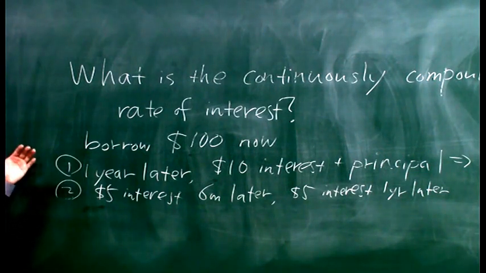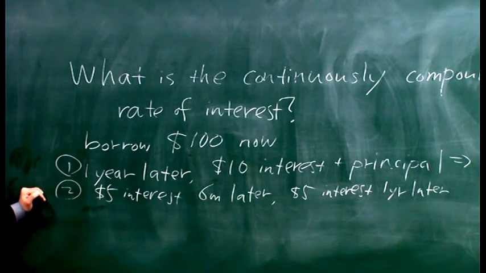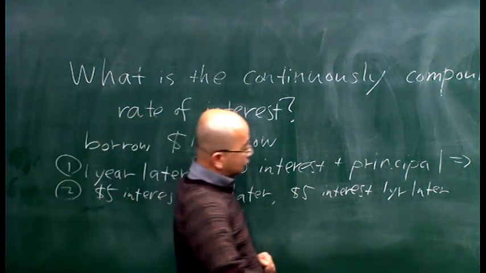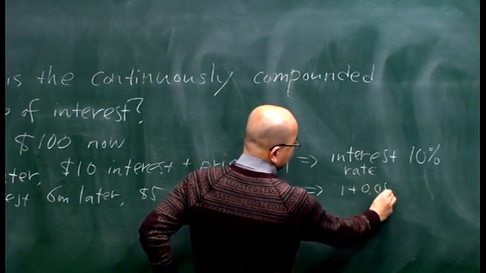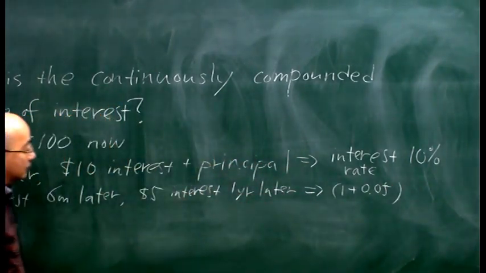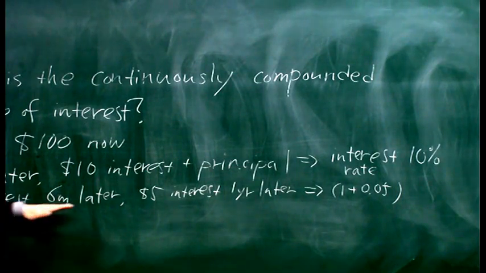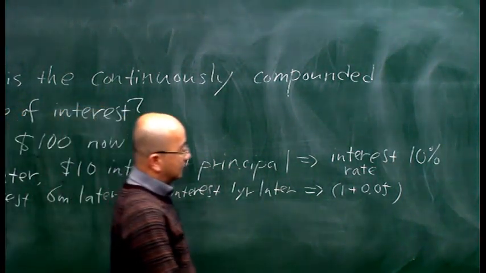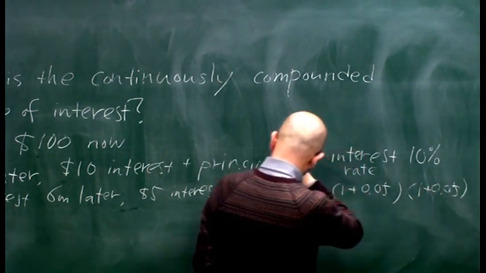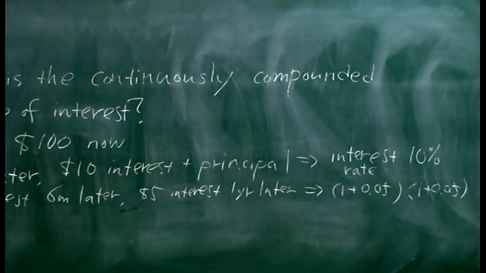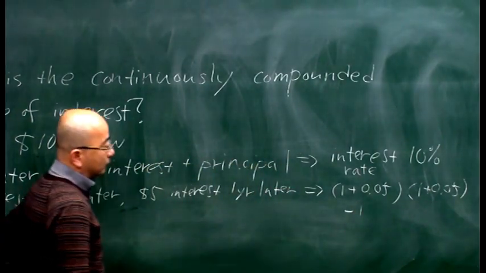If you apply the idea of compounding, then the correct interest rate in this case would be, first you apply 1 plus the interest rate of 5% for the first 6 months. And for the second 6 months, again, you get $5 interest, so you apply this one more time. The interest rate will be obtained from this formula by subtracting 1.